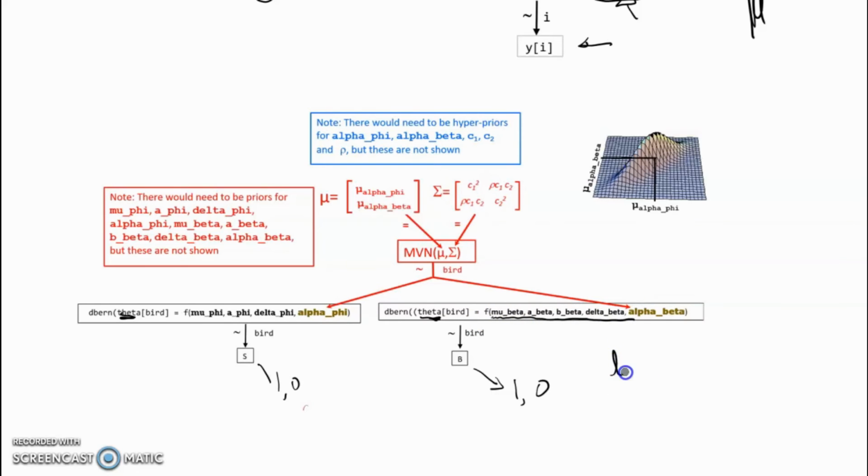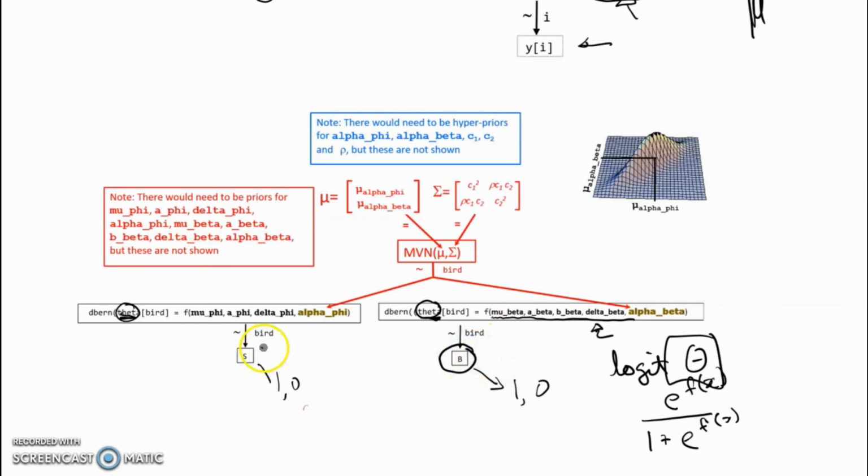So what we're going to do operationally, we're going to get the logit of theta using this nasty function, and then we're going to use this trick, e to the f(x) over 1 plus e to the f(x), to return us to theta, which is what we're really interested in. So that's how we're going to get these thetas. That's our likelihood function, and we're going to get 845 thetas for breeding and for survival.